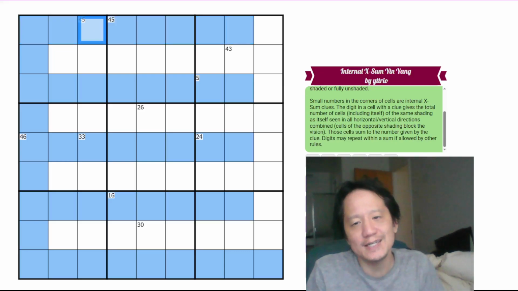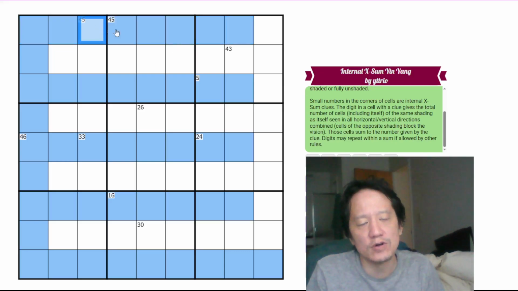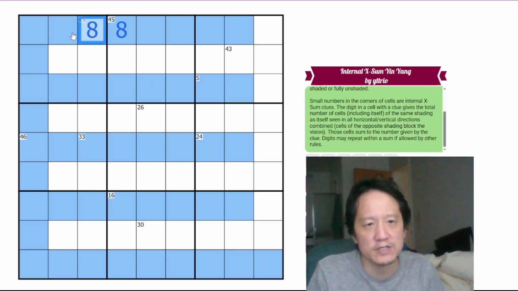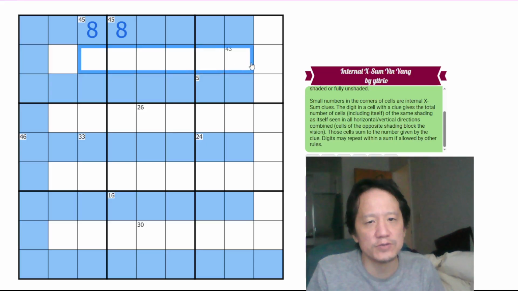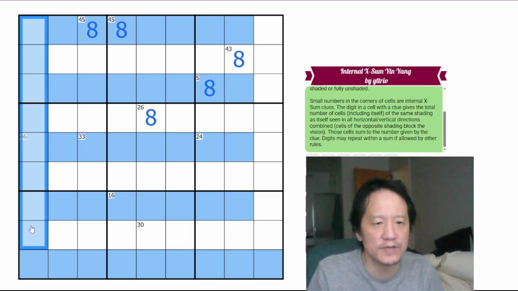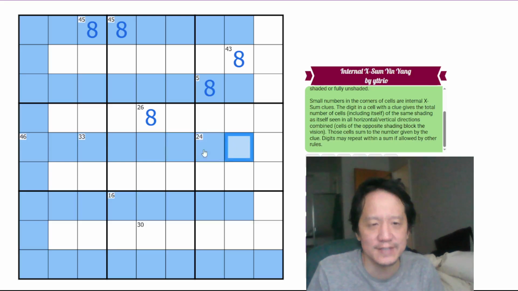So the digit in the cell, if this were the valid shading, this would be 8, and this would be 8. Because this sees 8 cells in that direction. This sees 8 cells in that direction. This also would be 8. Basically, all of these would be 8. This would have to be 1, 2, 3, 4, 5, 6, 7, 8, 9, 10, 11, 12, 13, 14, 15, 16.